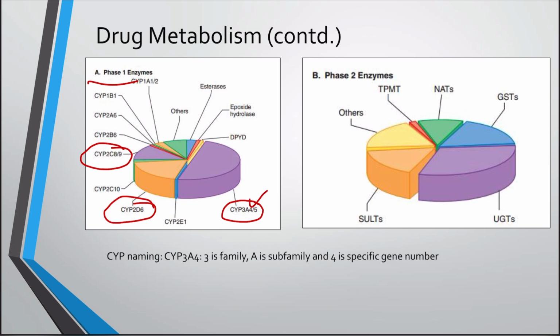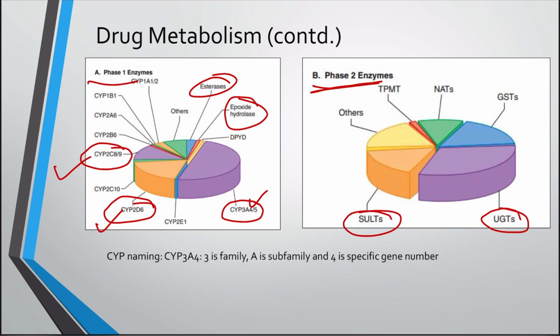So these are the three most commonly implicated phase 1 enzymes. Apart from these, we have other phase 1 enzymes like esterases and epoxide hydrolases. Next, coming to the phase 2 enzymes, the most commonly involved enzyme is UGT, which helps in glucuronidation. Following that we have SULTs, that is sulfotransferases, used for the purpose of sulfation.